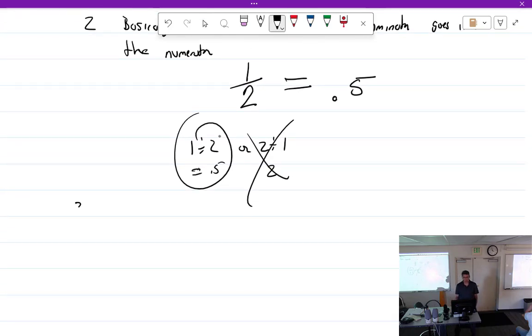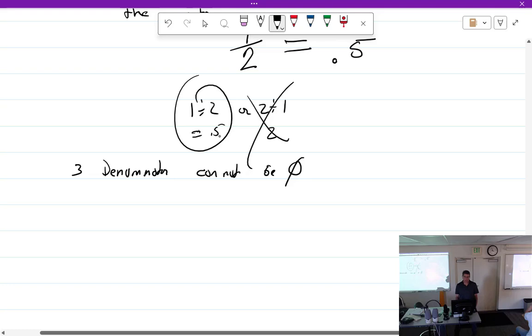All right, let's see. Rules, we're talking about rules. The denominator cannot be 0. And we really don't want to do too much of the improper fraction. Sometimes I ask you to do it, but your answer should not be an improper fraction unless you're asked for it.